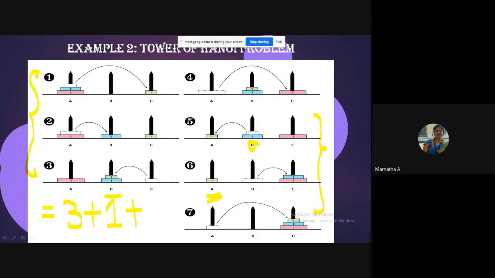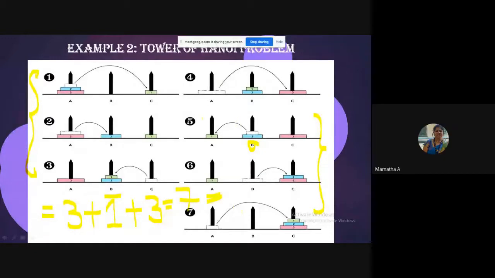So again, how many moves do I make here? In the third step, how many movements of disk? You can see 1 is moved here, then 2 is moved here, the arrow marks, and again 1 is moved back to the destination. 3.